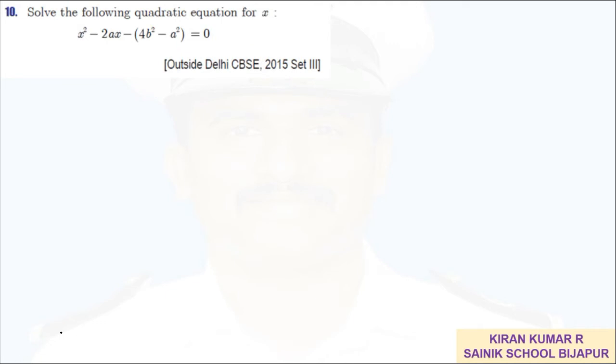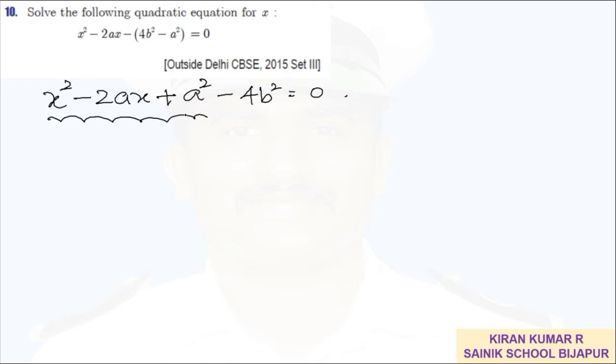This 10th question is similar to question number 9. We have to rewrite the given equation as this, minus of minus becomes plus a square minus 4b square equal to 0. Make the combination of this. It will be x minus a whole square minus 2b whole square equal to 0.